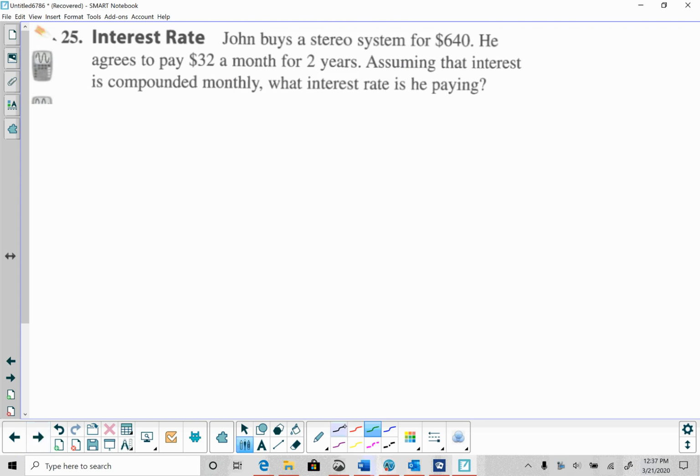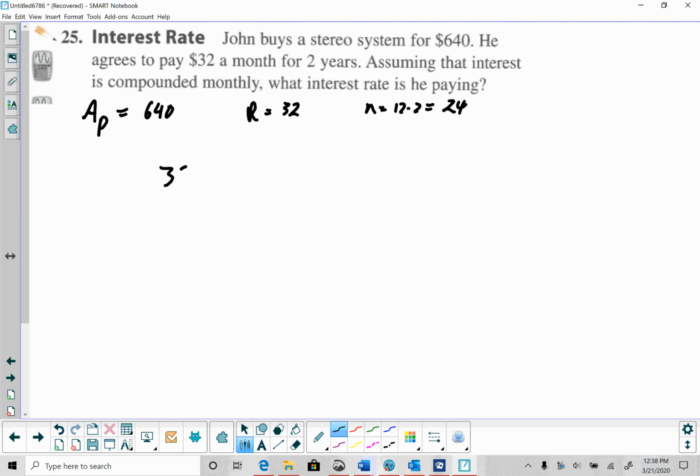Okay, so we know the amount that it's presently worth is $640. We know his regular payments are $32. And the number of payments, okay, monthly for 2 years, that's 24 payments.